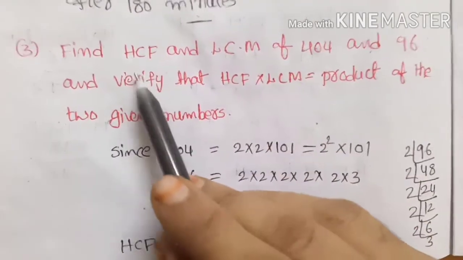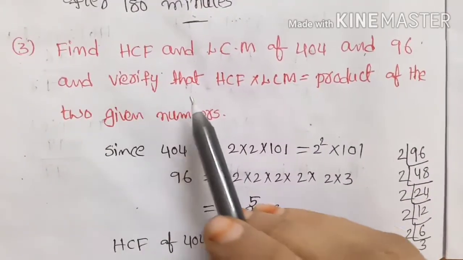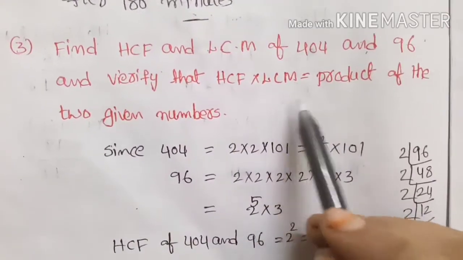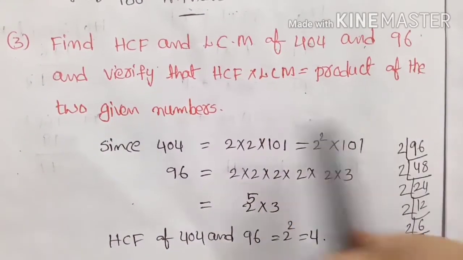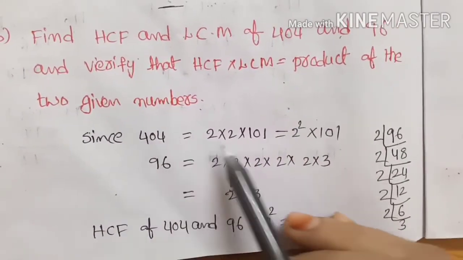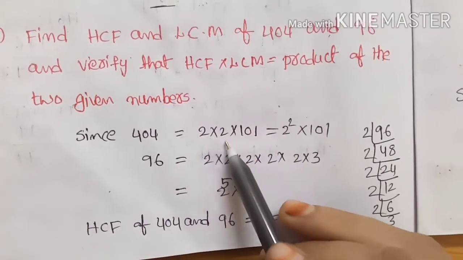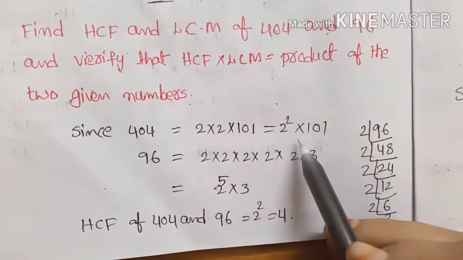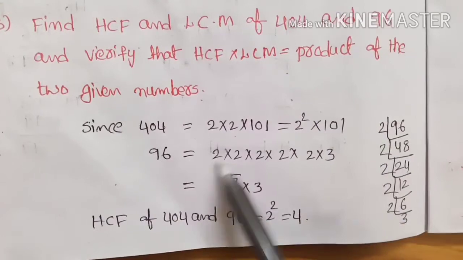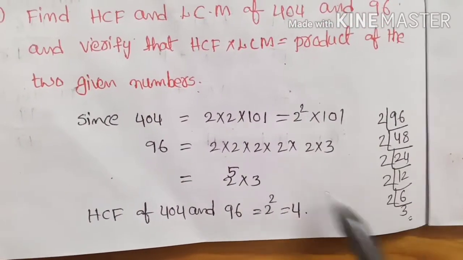Next, find HCF and LCM of 404 and 96 and verify that HCF × LCM is equal to the product of the two given numbers. First of all, write the prime factorization. 404 = 2 × 2 × 101, that is 2² × 101. 96 = 2⁵ × 3.